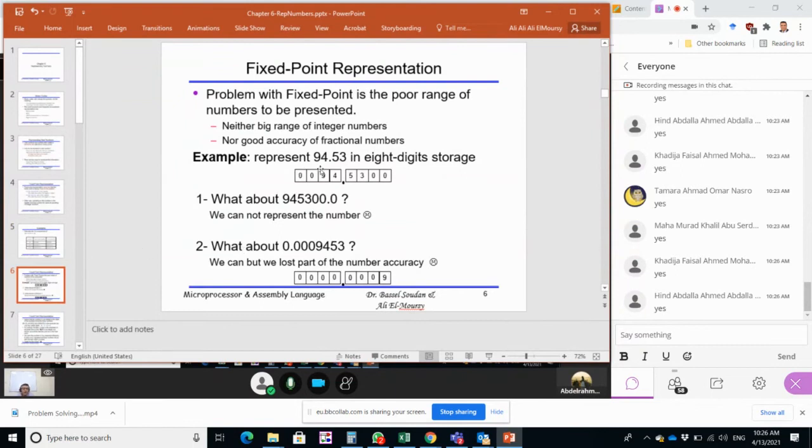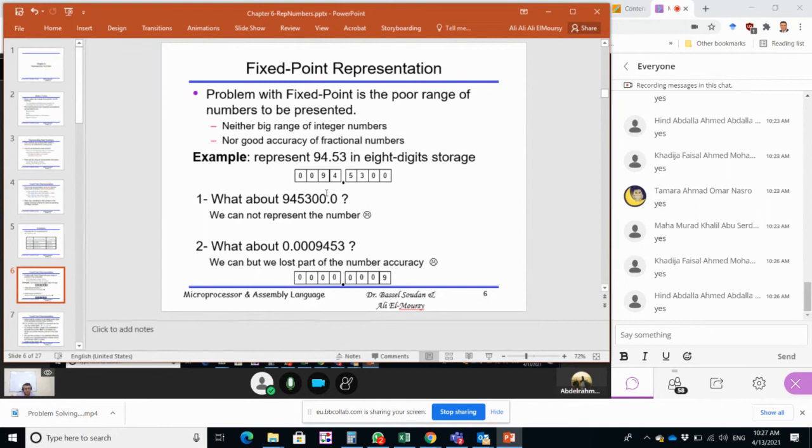So if I am storing a number, I have to clearly indicate where is my decimal point, where is the part of the storage I dedicated for the fractional part, where is the storage that I have for the integer part. To make the demonstration easier, I will assume that my storage here can carry decimal numbers.